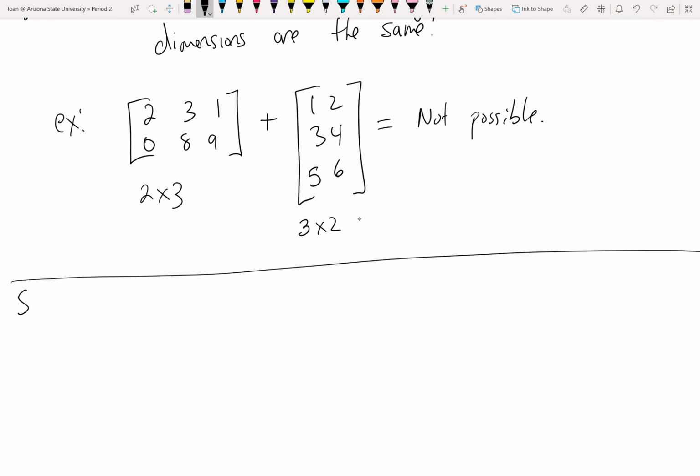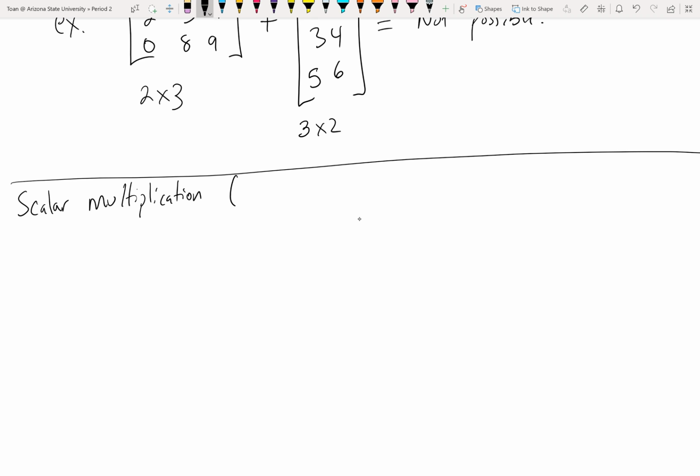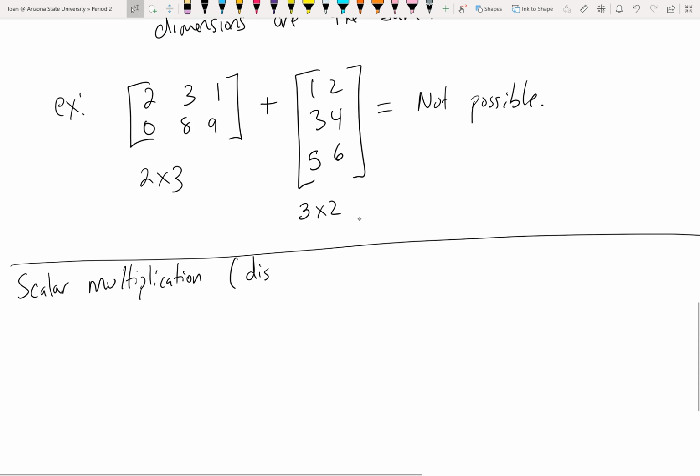What other things can we do with matrices? We can do something called scalar multiplication. That sounds fancy, doesn't it? Scalar multiplication. Do you know what that really means? No. That means distributive property.